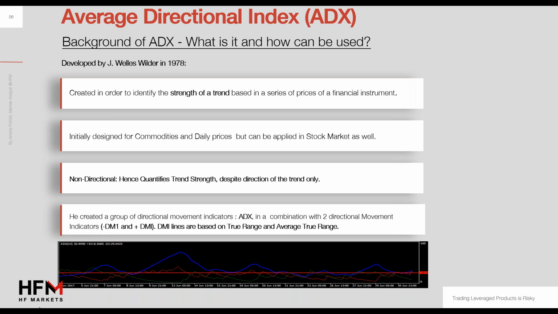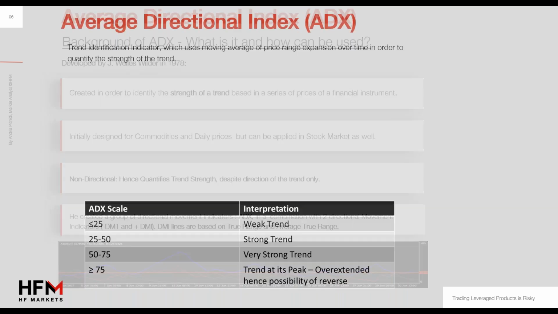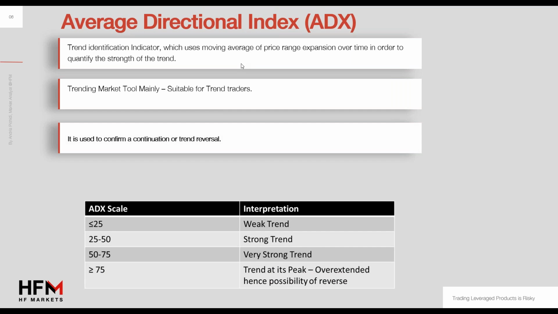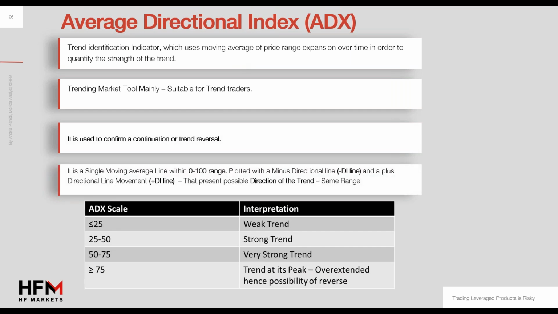So let's take it step by step. Let's get back to the second slide. If you check your MT4 or MT5 platform, you will find it first of all in the navigator tab under the trend category, because it's a trend indicator, and you will see that it is plotted with these 3 lines.